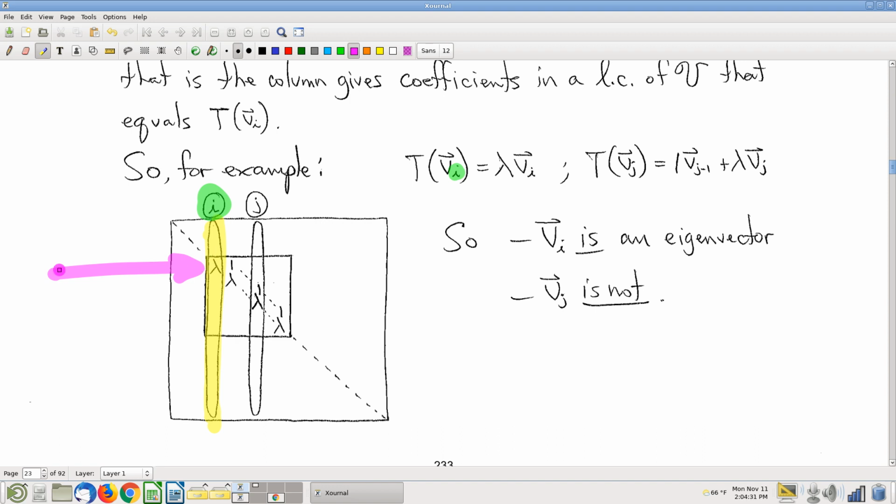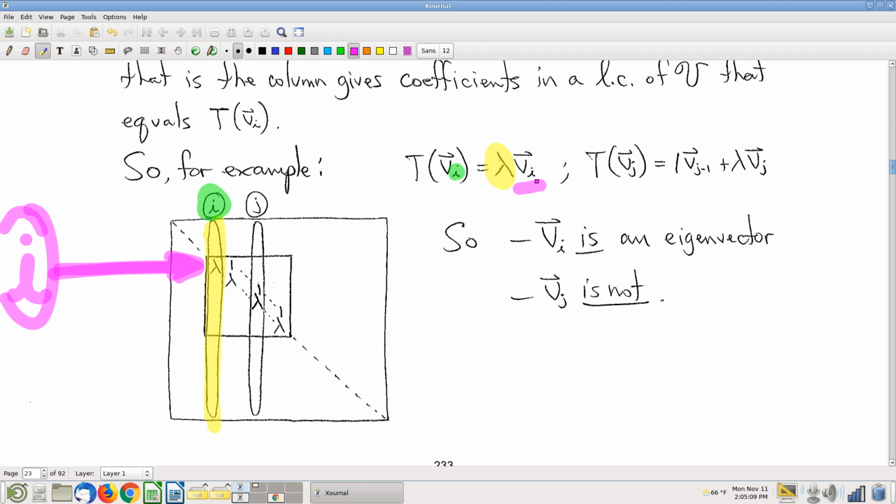So this one lambda right there, the ith entry, what that's telling you is that we have lambda times the ith basis vector. Again, the columns are telling you about the images of the basis vectors. Input basis tells you which basis vector. The columns themselves are coefficients in linear combinations of the output basis vectors.